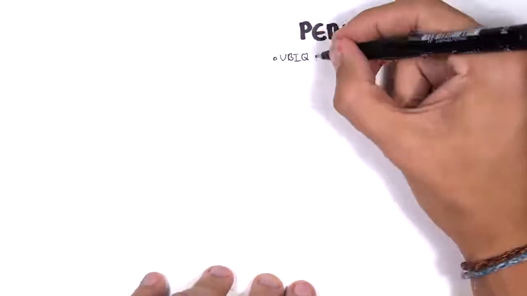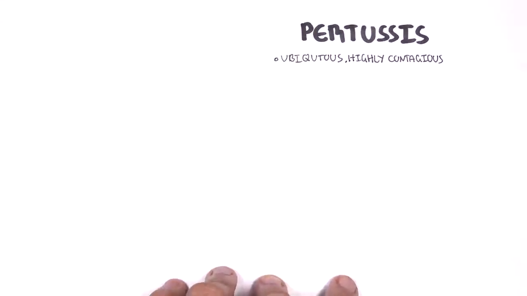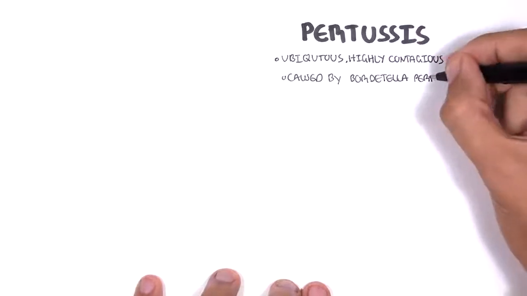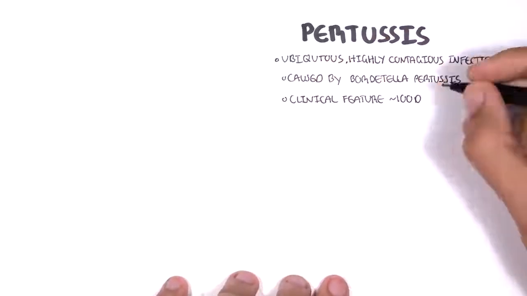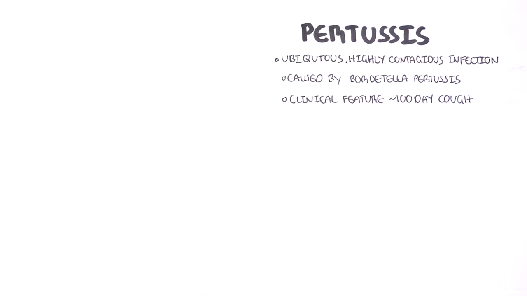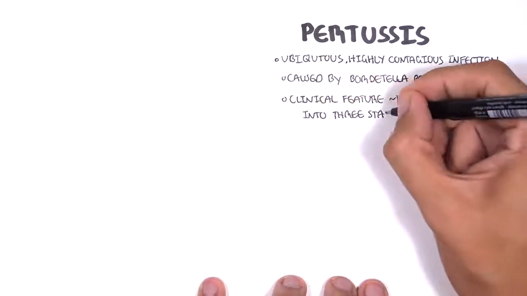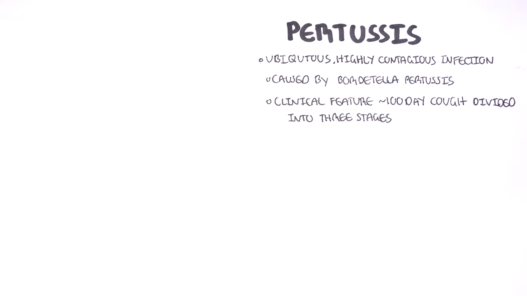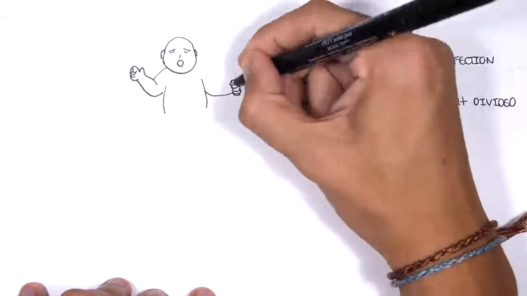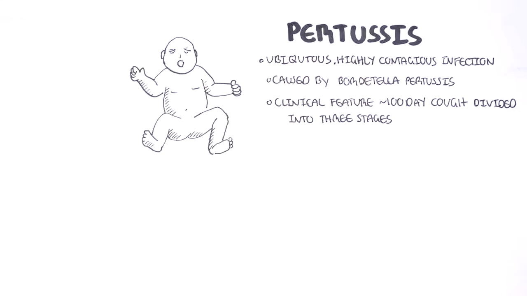The next infection you must know for an ill infant is pertussis, which is a ubiquitous, highly contagious infection. It's caused by a bacteria known as Bordetella pertussis. Clinically, it's essentially known as the 100-day cough, and it's divided into 3 stages. So over this period of 100 days, it's divided into 3 stages.